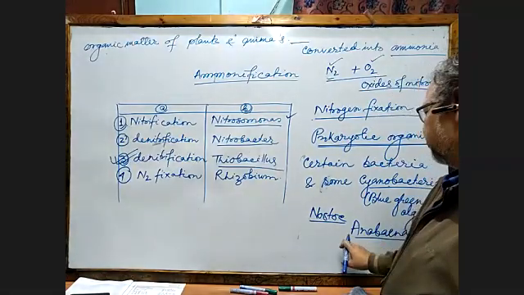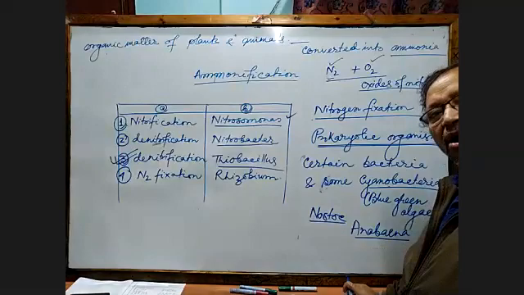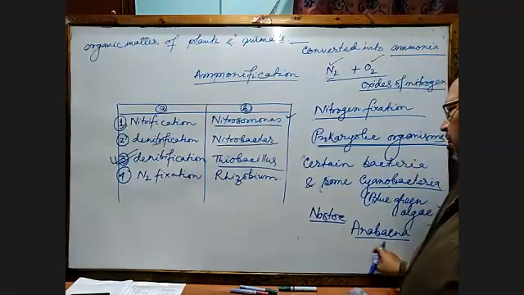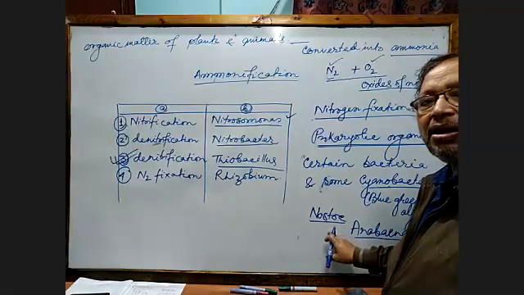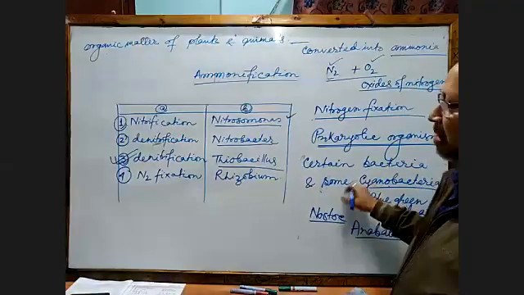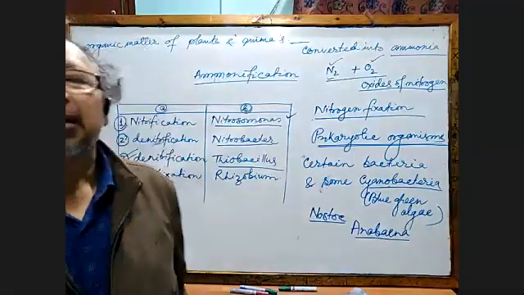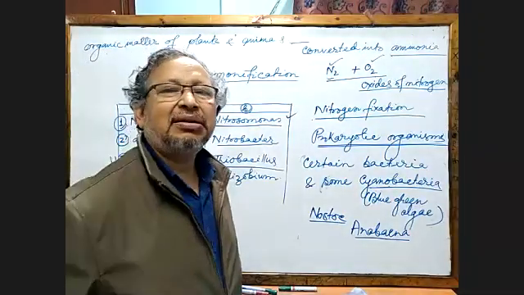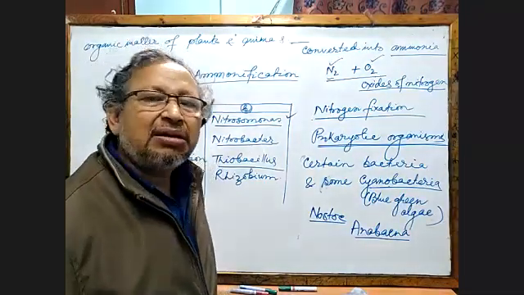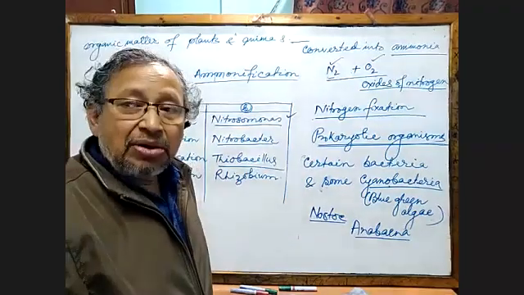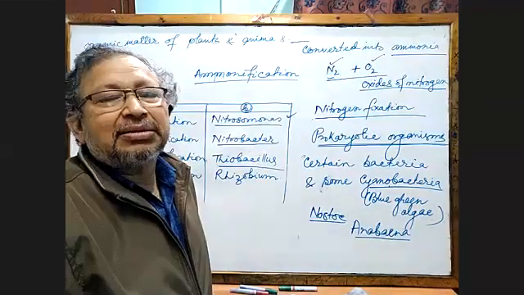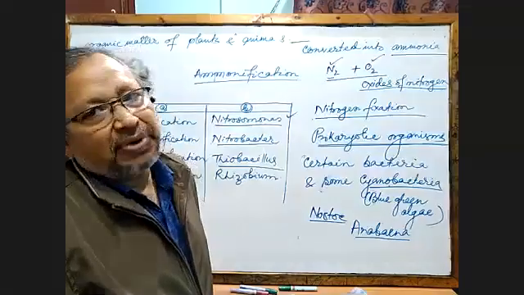There also it can fix nitrogen, or it can fix nitrogen in free living condition. In bacteria also, some bacteria can fix nitrogen as a symbiont, as well as some bacteria as free living.